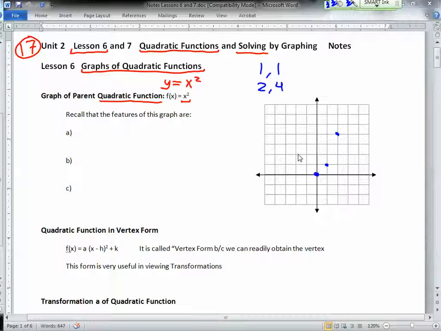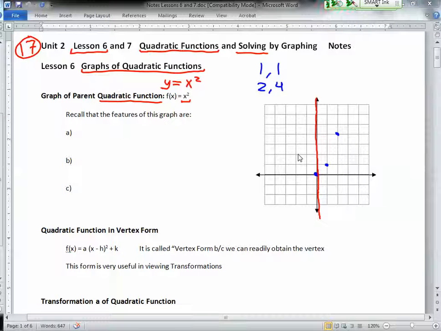If you want to know why that is, it's because if we substitute a 1 in for x, y is equal to 1 squared, and 1 squared is equal to 1. Same thing for 2. My graph is going to be symmetrical over the y-axis.